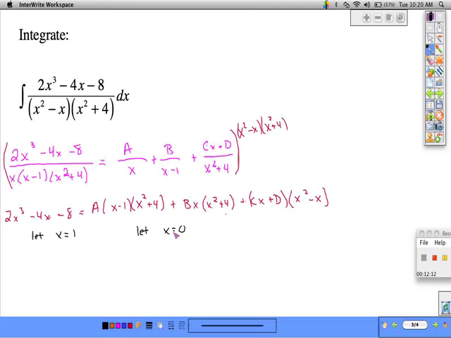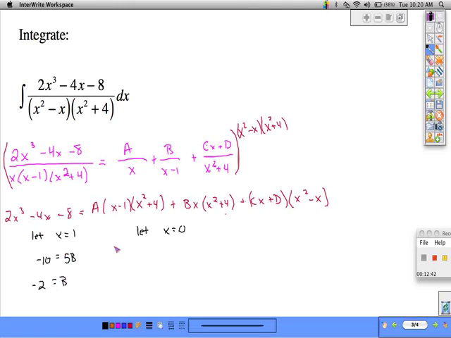When x equals 1, the A and the Cx plus D terms go away. And what I'm left with is negative 10 equals 5 times B. So B has to be negative 2.